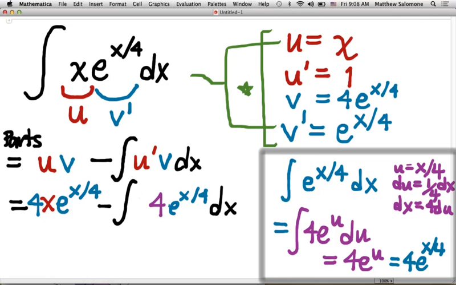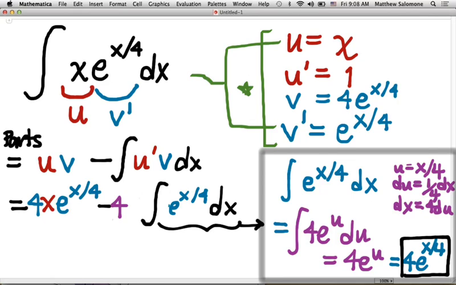So as soon as I pull this 4 out of my integral, let's pull this 4 outside. 4 times antiderivative of e to the x over 4. Now the antiderivative of e to the x over 4, according to the box over here, is 4 times e to the x over 4.